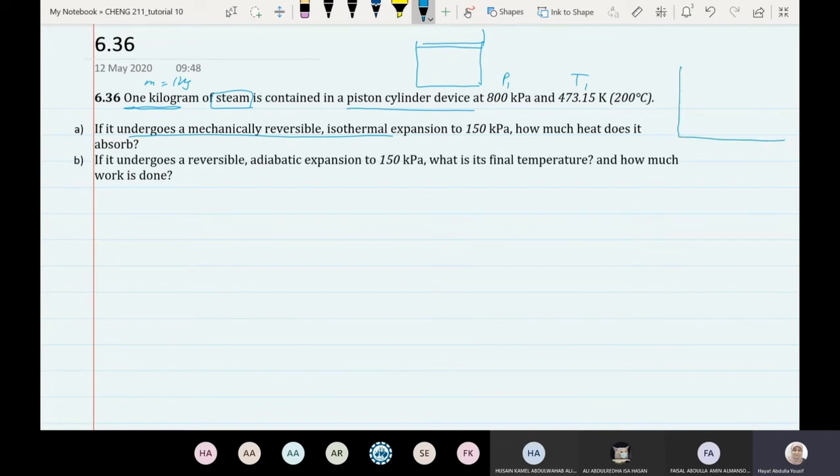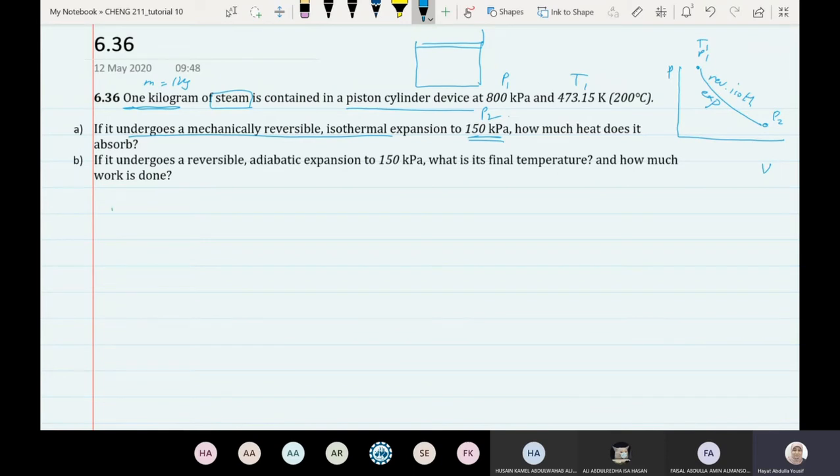If I want to draw the PV diagram, I'm moving from T1 and P1 through reversible isothermal expansion. Because of that expansion process, it took me to P2, which is much lower in pressure than the initial pressure. So that is what's happening.